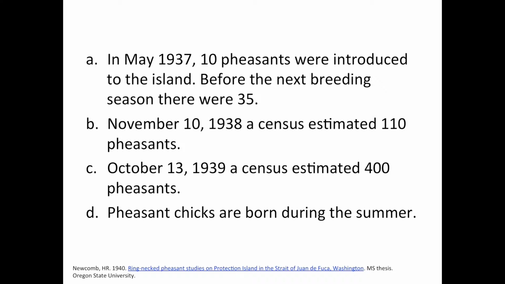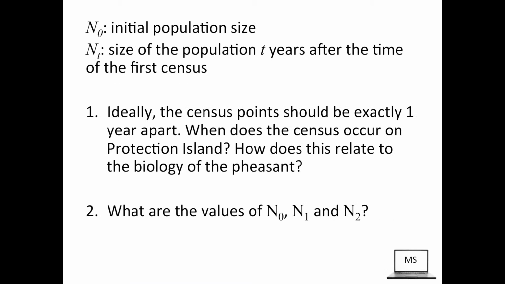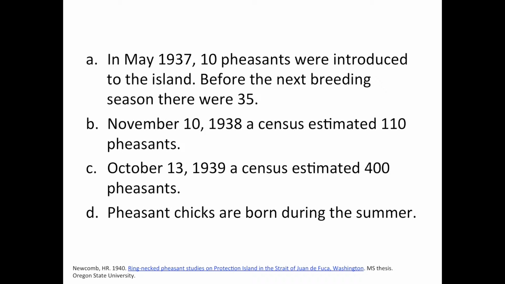Now we can unpause the video. One thing that I wanted to say about this is, over here I say ideally the census points should be exactly a year apart, and you can see that they're not, because we start with 10 pheasants and that number is given in May, and then there's no census that occurs in November, October of 1937.